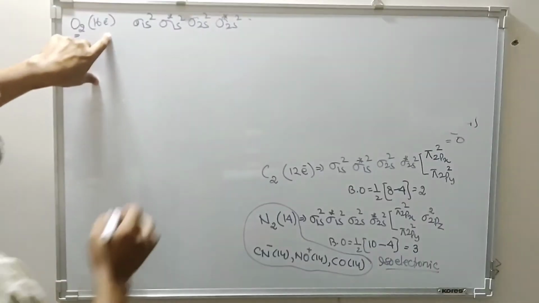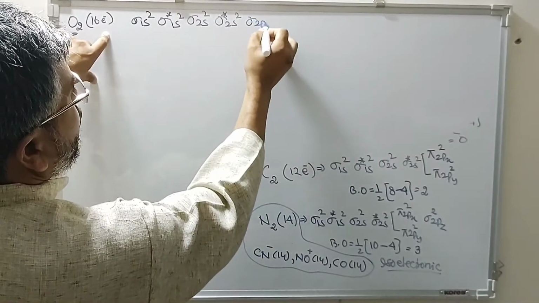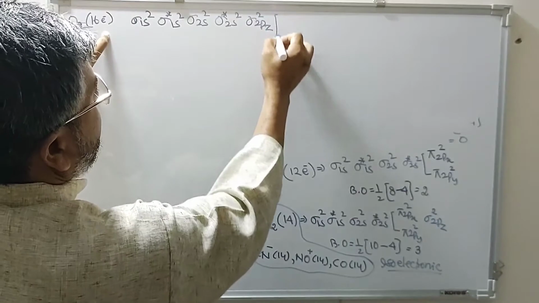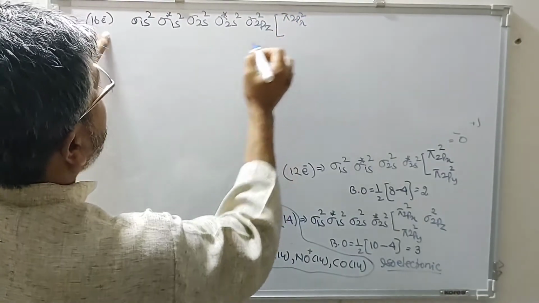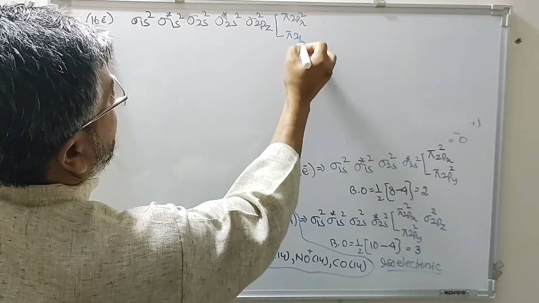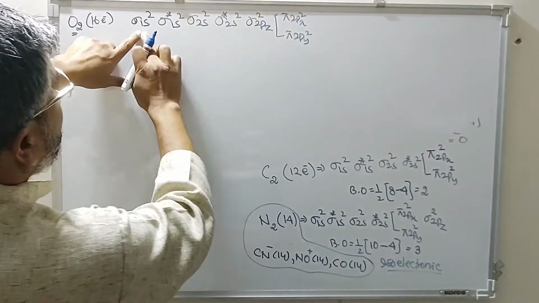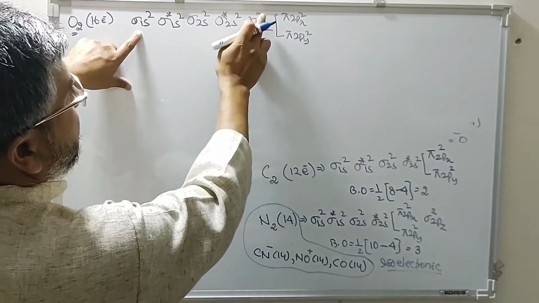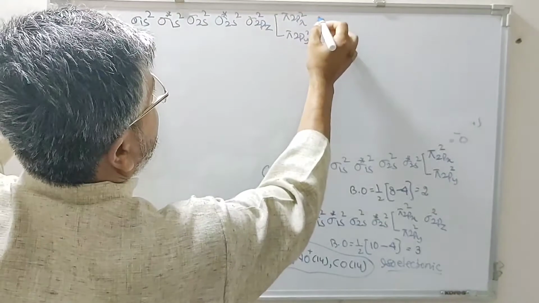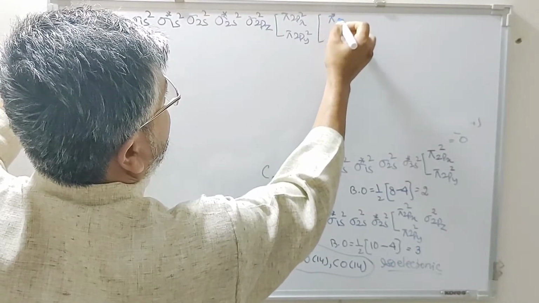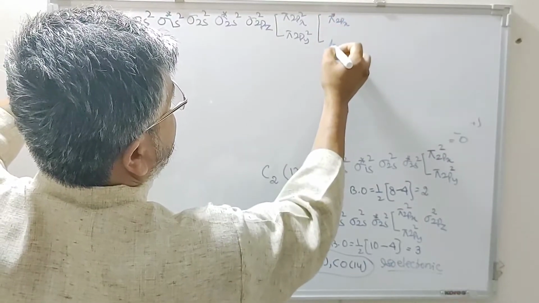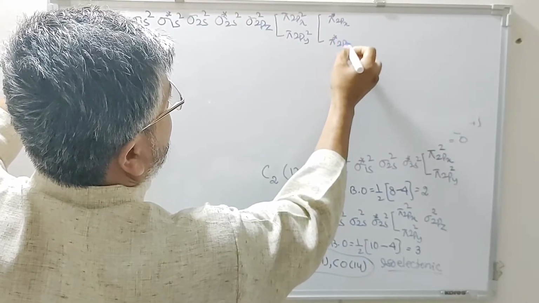For greater than 14, we have sigma 2pz2, then pi 2px2, pi 2py2, 2, 4, 6, 8, 10, 12, 14. Then we have pi star 2px, pi star 2py.